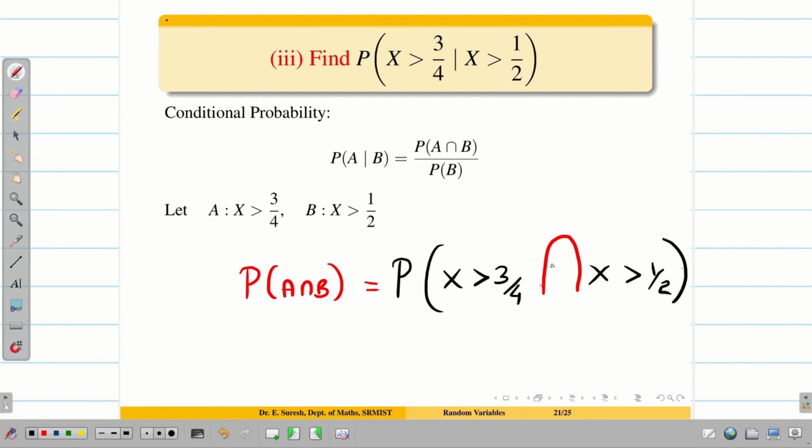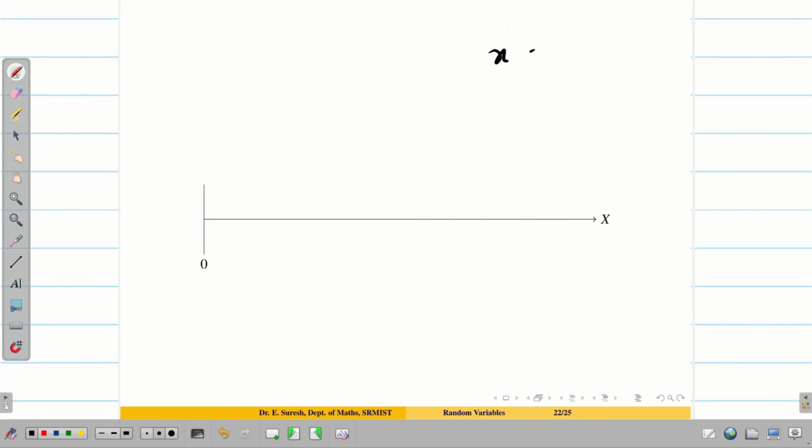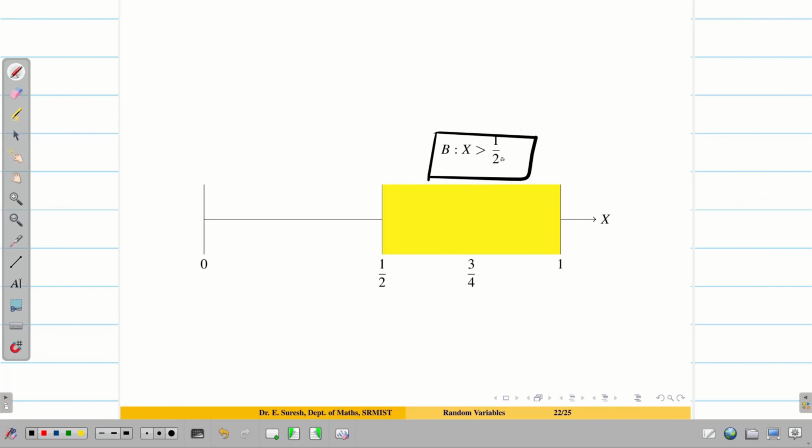If we can't write the answer exactly, always draw a real line. From this we can find the solution. Since my x value lies between 0 to 1, we are taking 0 to 1. For A, we have x greater than 3/4. For B, we have x greater than 1/2. So I am splitting the real line as 0, 1/2, 3/4 and 1. First let us take B, x greater than 1/2.